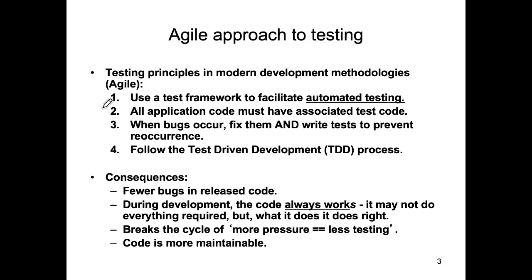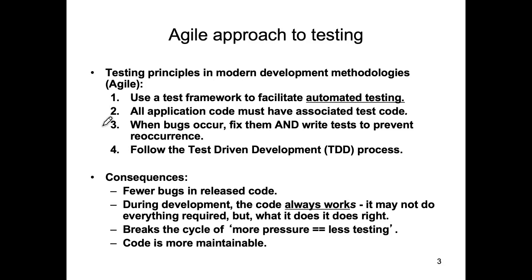You are actually developing quite a lot of code, and the purpose of this code is to test your application code. So it is quite time consuming developing these automated tests. But the win is the fact that you're doing so much regression testing. You're reusing those automated tests over and over again.